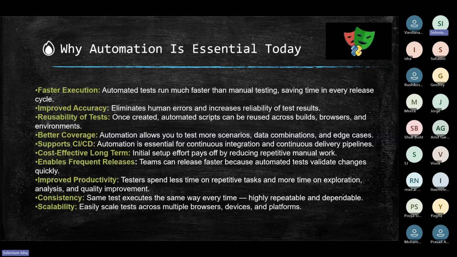But now in the current market, 99% of the projects are using some kind of automation tool, let alone it is Selenium, let alone it is Playwright or UFT or Cypress or anything, Code.js, they are having at least one automation tool in their bucket because everyone is understanding the importance of it. Okay, guys?